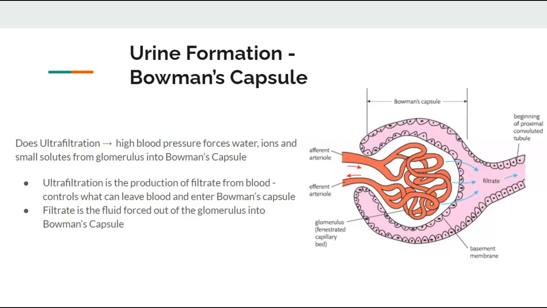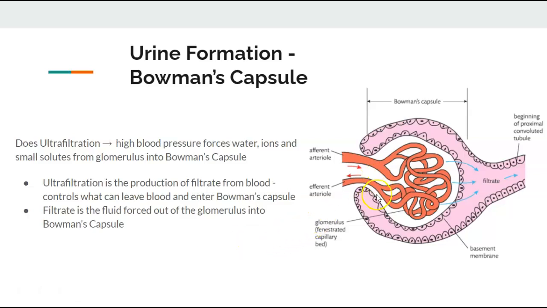So you have a high blood pressure, and as it's going through this, because the blood pressure is so high, it's forcing water, ions, and small solutes like salt from the glomerulus into the Bowman's capsule. So this area is, again, the glomerulus, it's forcing it all out into the Bowman's capsule. So ultrafiltration is the production of filtrate, which is water, ions, small solutes, from blood.